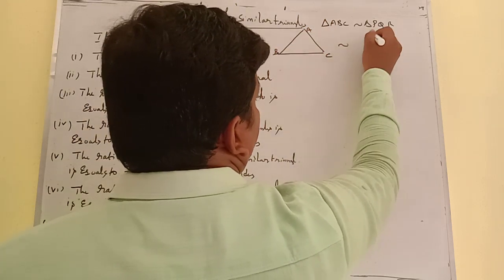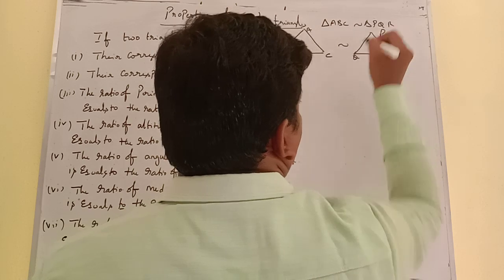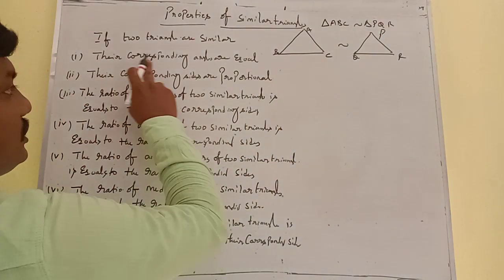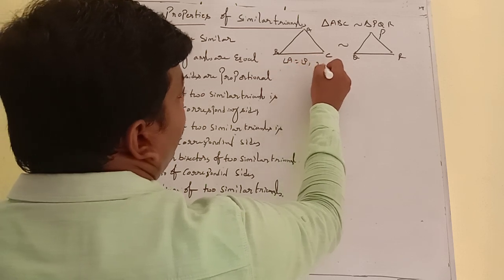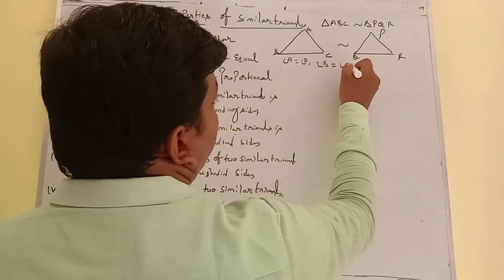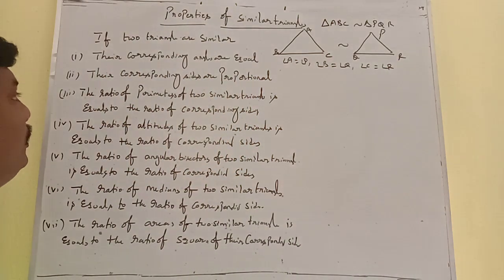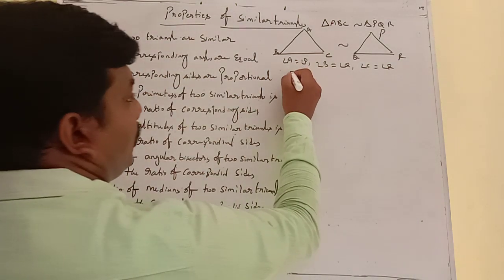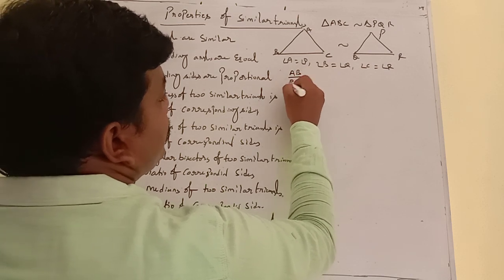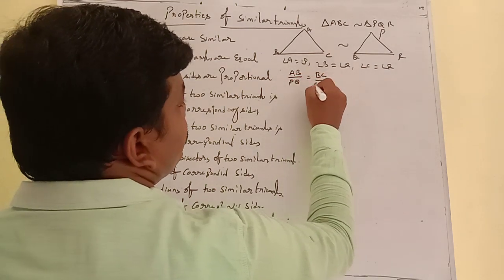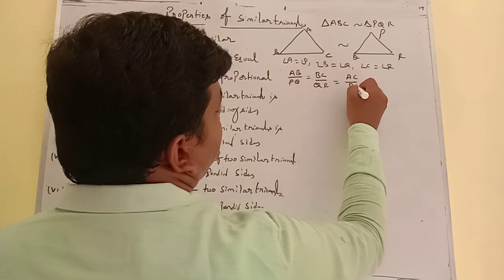Corresponding angles are equal, that is angle A equals angle P, angle B equals angle Q, and angle C equals angle R. This is the first point. Now corresponding sides are proportional, that is AB by PQ equals BC by QR equals AC by PR.